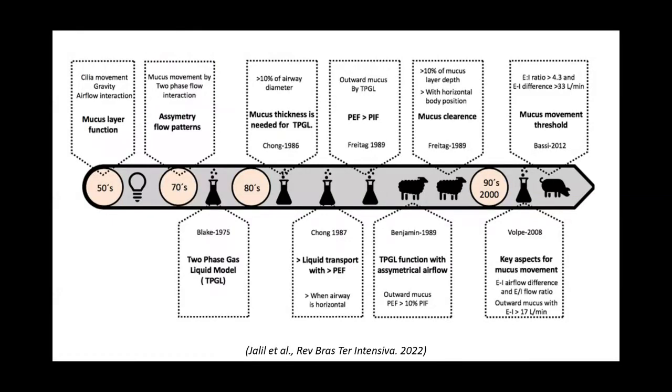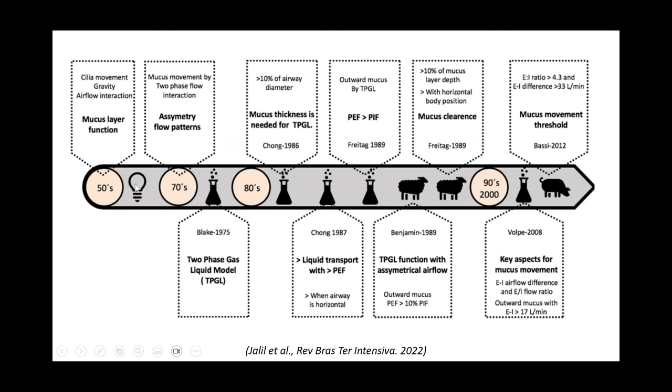Now, this is a beautiful review, and the cartoon shows over the decades, so the 50s, 70s, 80s and 90s, the changing ideas and evidence that has occurred with regards to aiding the mucociliary escalator and enhancing secretion.